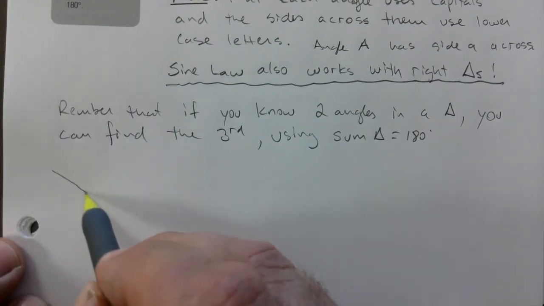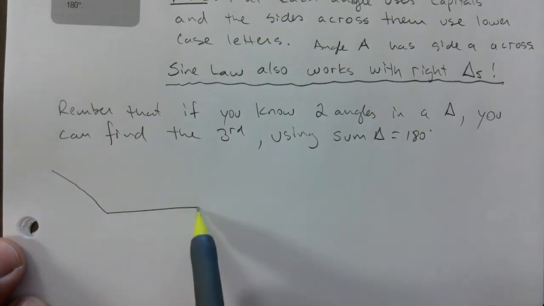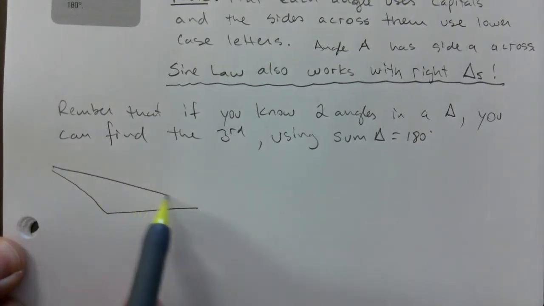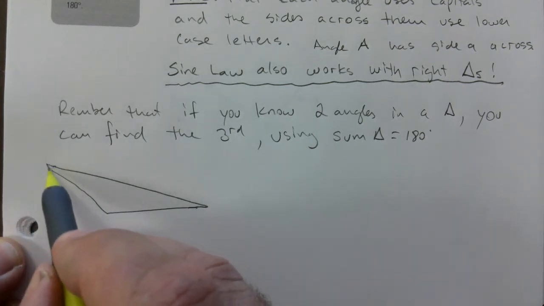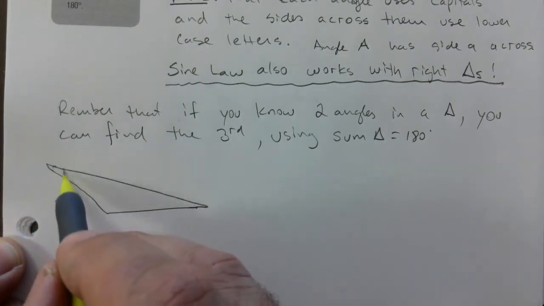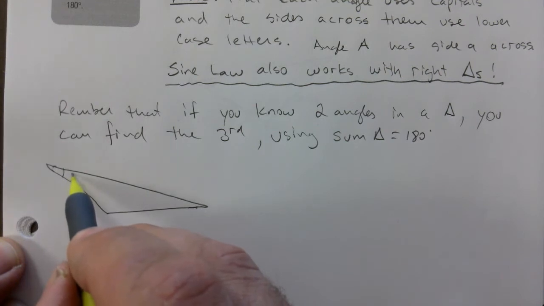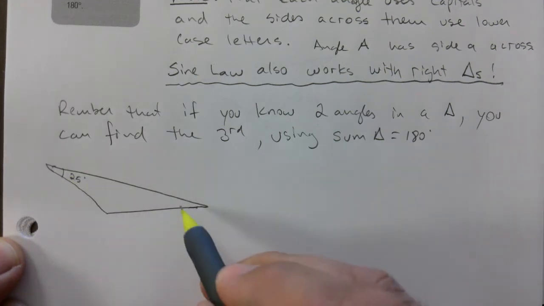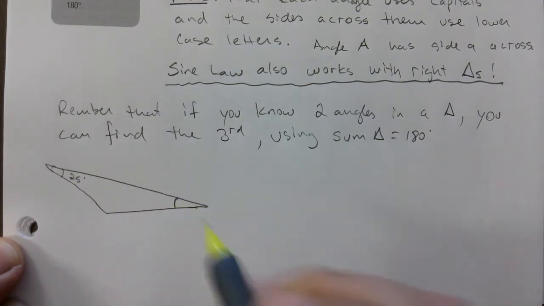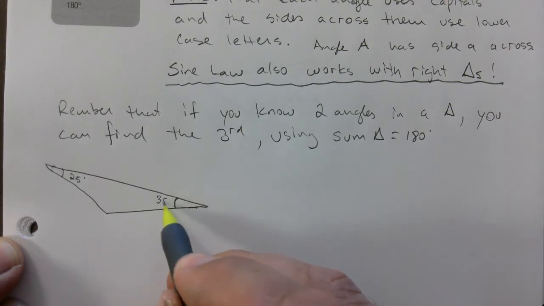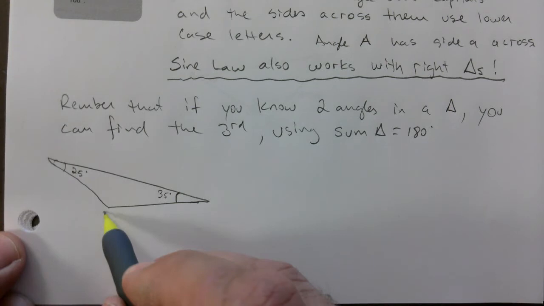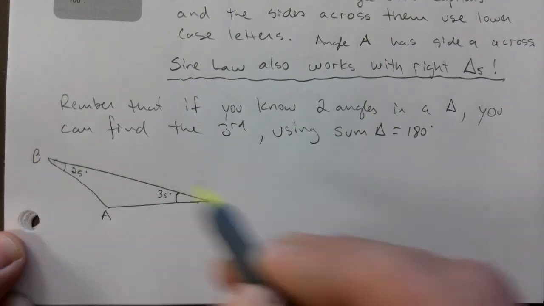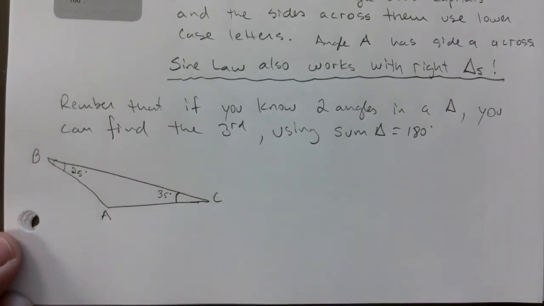So for instance, let's say you're given one of these triangles, and you know that this is 25 and this is 35, right? And let's call this ABC. By the way, it's not always going to be ABC, but there you go.